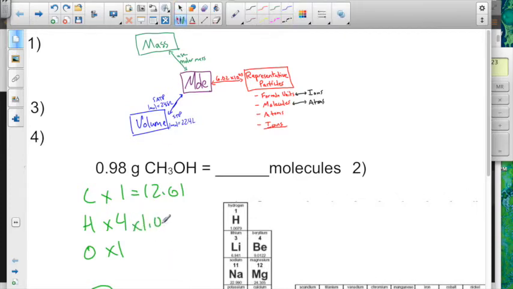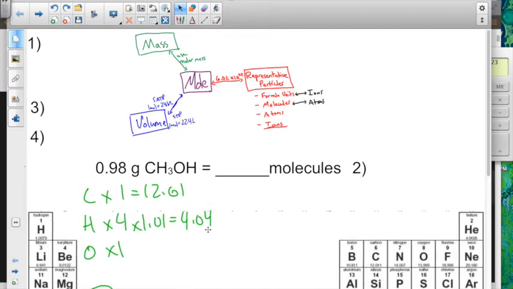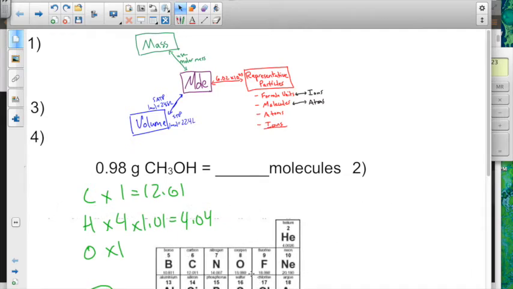So times 4 is equal to 4.04. And what is it for oxygen? Let's take a quick look here. Oxygen 15.999. And again, because we have different periodic tables, let's use 16. So that's the one that you're going to be able to have at home.